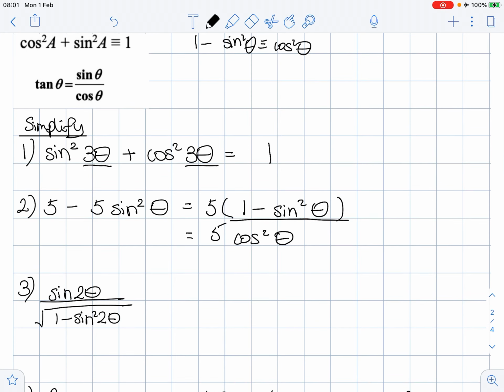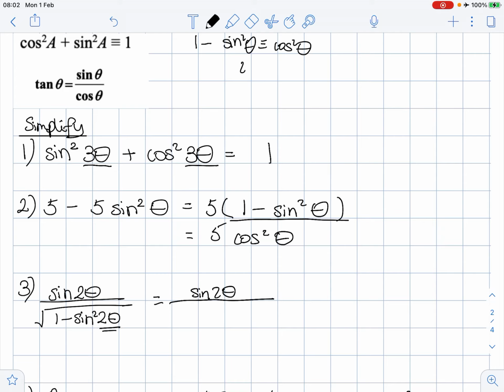Okay, let's look at the third one. So we have sin 2 theta divided by the square root of 1 minus sin squared 2 theta. Again, using our trig identities, 1 minus sin squared theta is the same as cos squared theta.